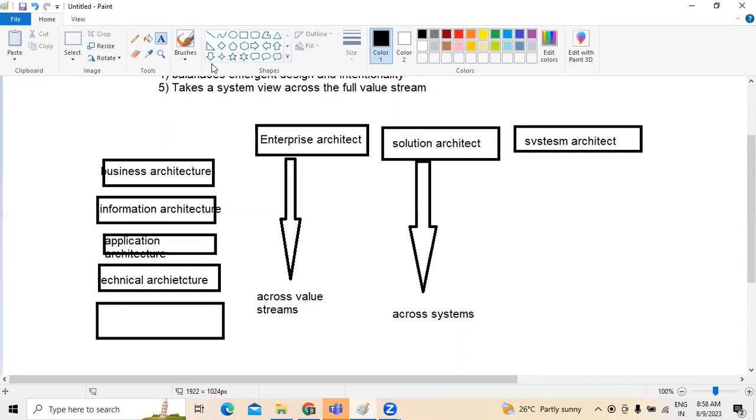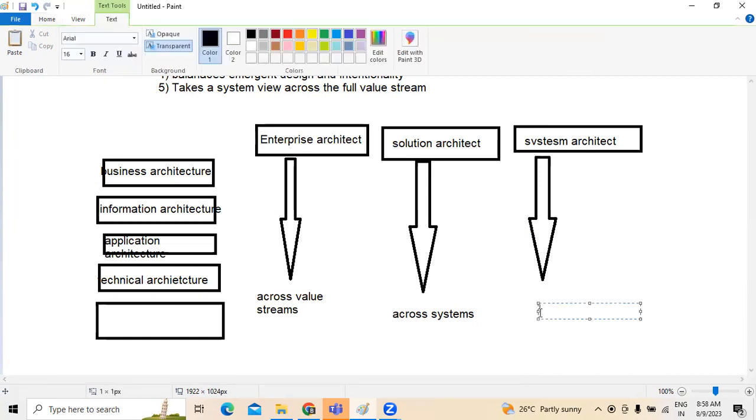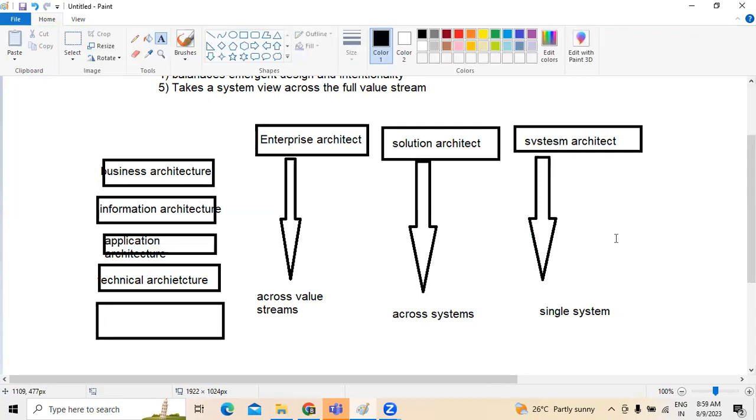At the same time, a system architect is confined to a single system. So these are the three different architecture roles we normally have: enterprise architect, which reaches across value streams; solution architecture, which focuses across systems; and system architecture, which focuses on single systems.